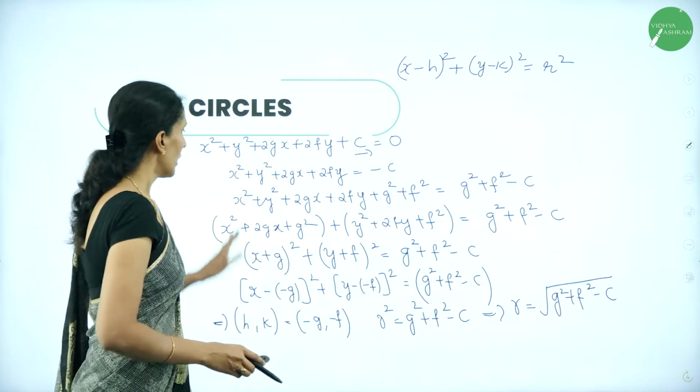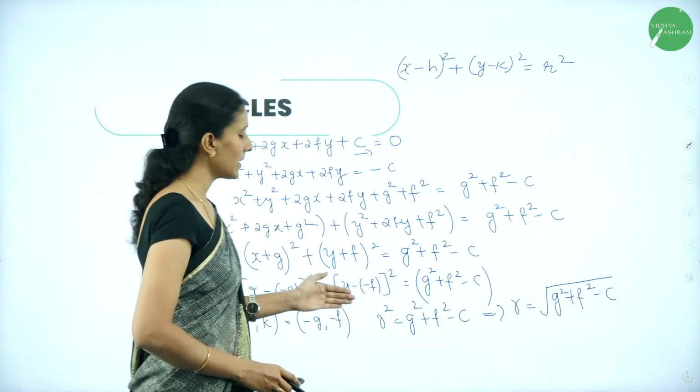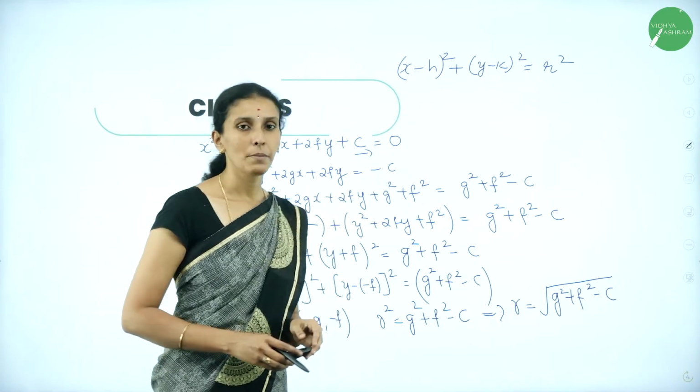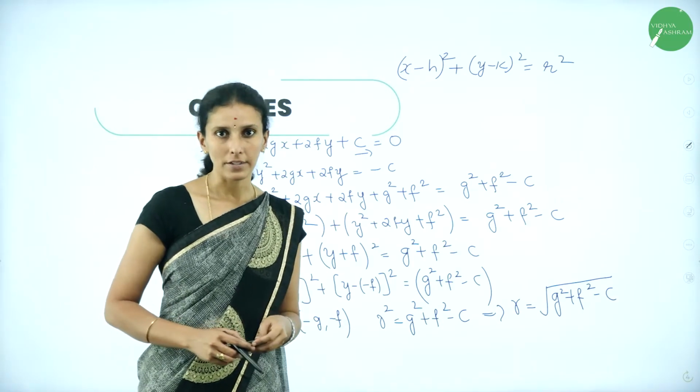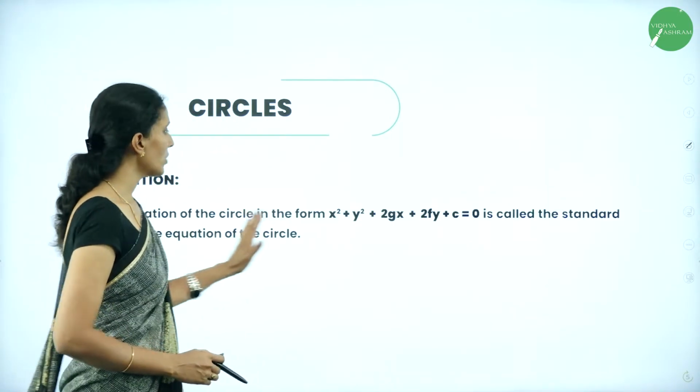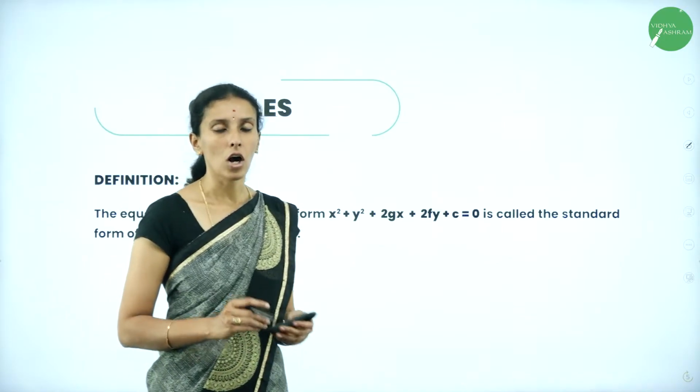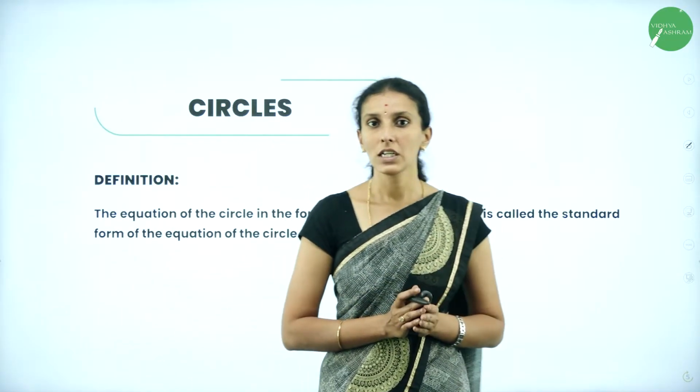Therefore, the given equation can be written in the form x minus h whole square plus y minus k whole square is equal to r square. That's why the equation of this form is called the standard equation of the circle.